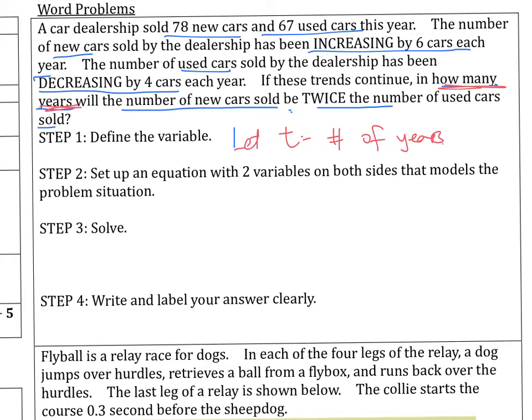Okay, so we already have 78 new cars, and it's increasing at a rate of 6 cars each year, so plus 6t. And when will this be twice the number of used cars? The number of used cars will be 67 minus 4t because it's decreasing. Okay, so here we have the equation and then we can start solving.